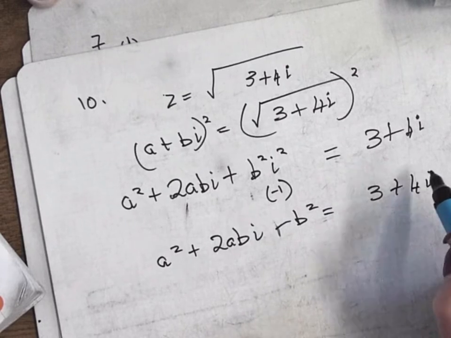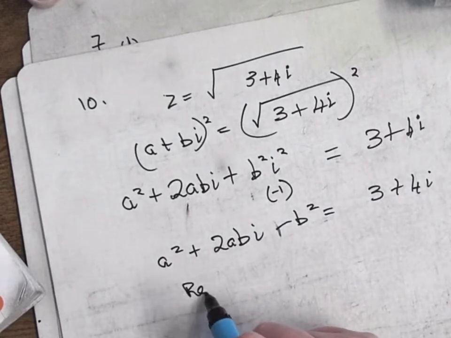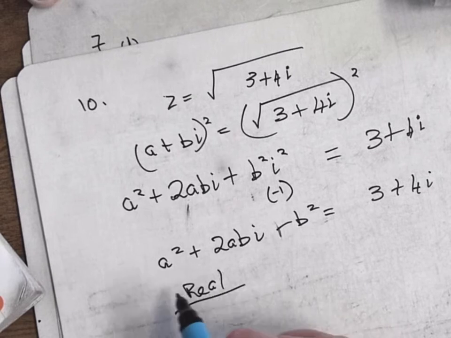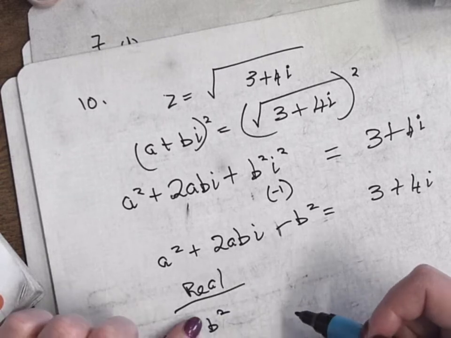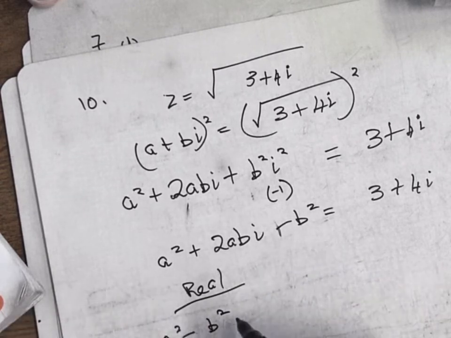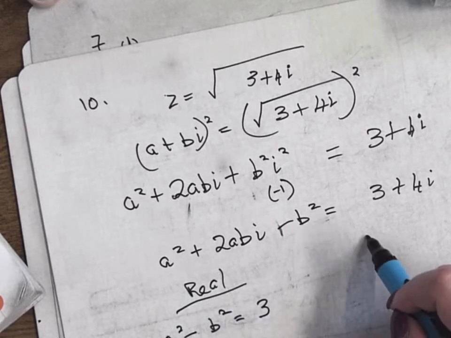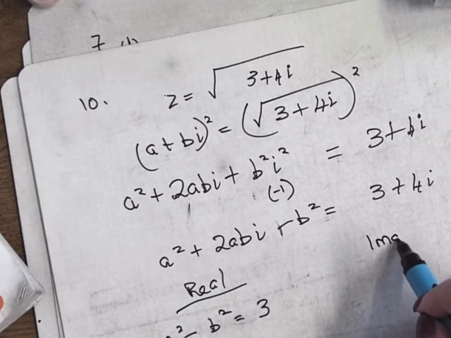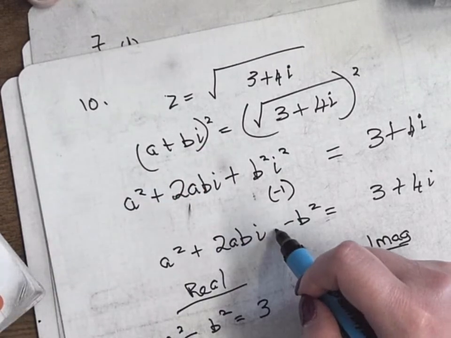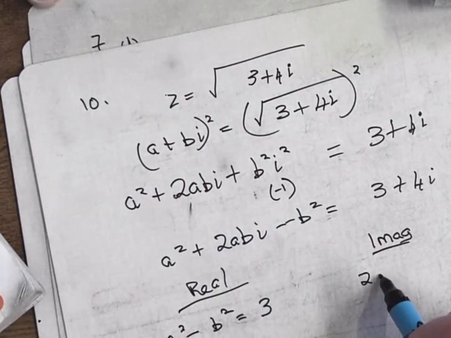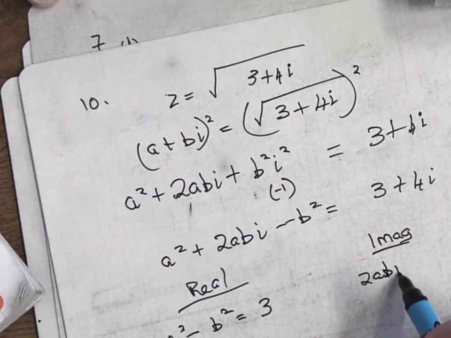Is that okay? Real on the left would be without the i's, a squared plus b squared, sorry, that's minus b squared, isn't it? a squared minus b squared equals 3. And the imaginary bit is 2abi equals 4i.